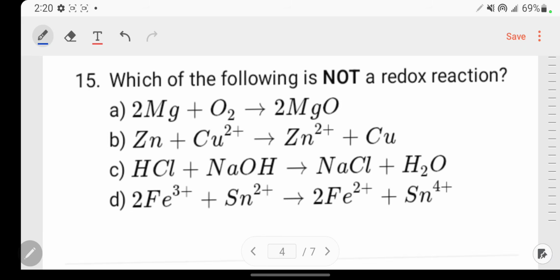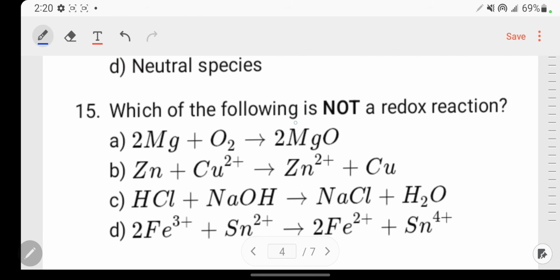Question 15. We are asked which of the following is not a redox reaction. We have magnesium plus O2 to become this. In this one, it is oxidation, because here we have 0, here we have 0, but magnesium in here will have a charge of +2, and oxygen -2.